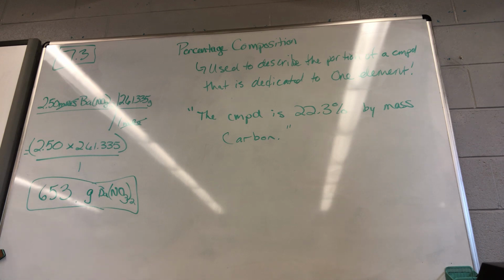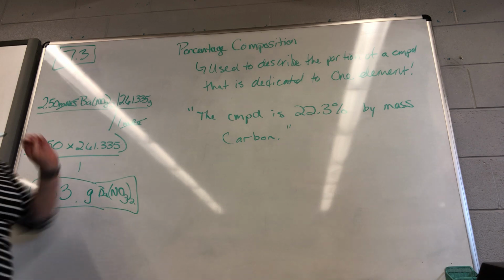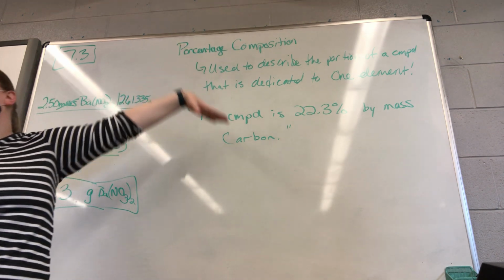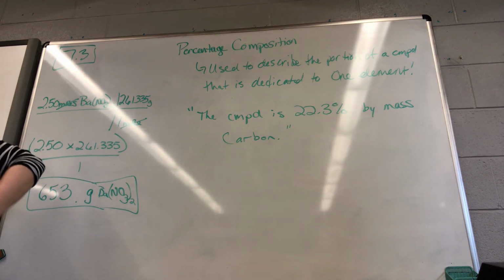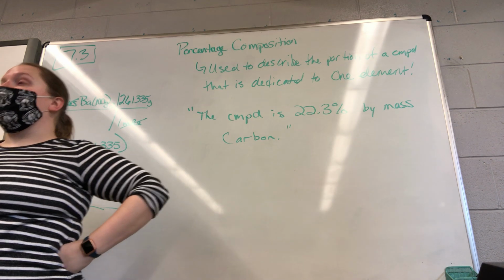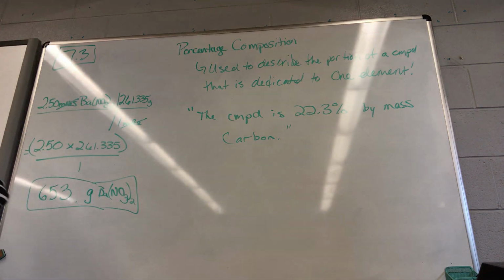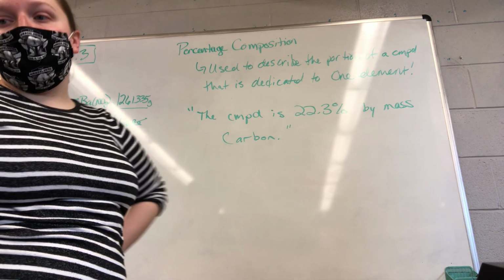What we have to determine is how to use that information or what to do with that information. What we're going to work on in this particular section is calculating the percentage given a molar mass. In the future, what will be given is a percentage and asked to figure out what the formula is. And again, processes. Okay?